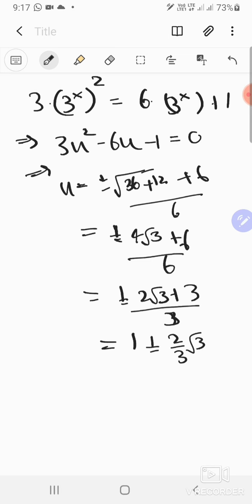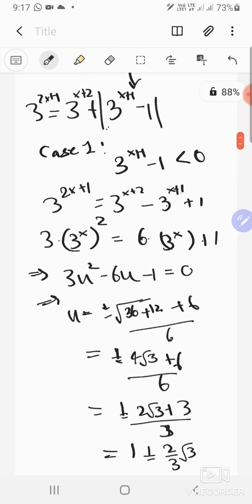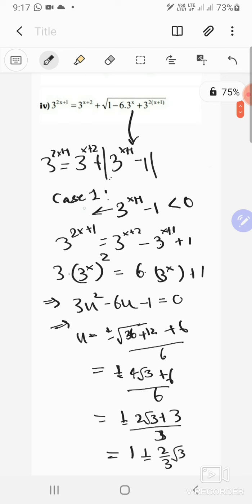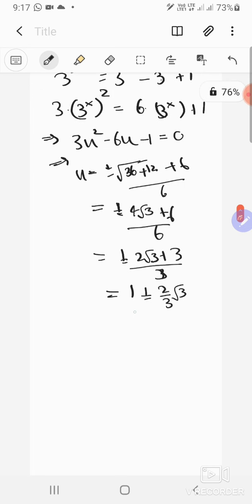Okay, fine. So is this satisfying this inequality? We don't know. This inequality is basically more like: 3 times (u minus 1) is less than 0, so u should be less than 1 by 3. Are these numbers less than 1 by 3?